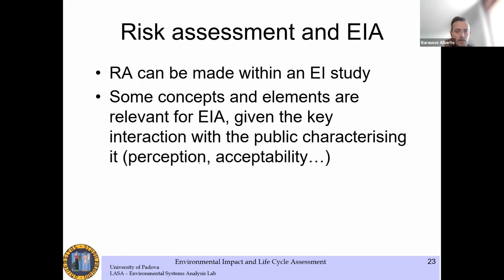And risk assessment, as I was saying, is a decision support tool, which is, of course, relevant for environmental impact assessment. So risk assessment can be part of an environmental impact study, but these are, of course, different things.